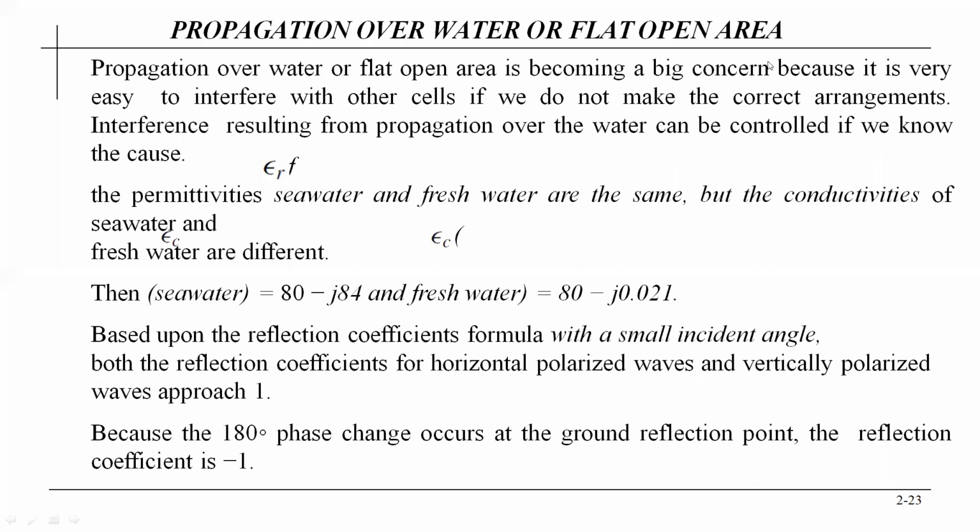The permittivities of river water, fresh water and sea water are the same. The permittivities of sea water and fresh water are the same. Permittivity is denoted by epsilon naught.